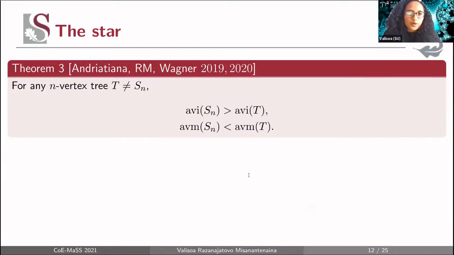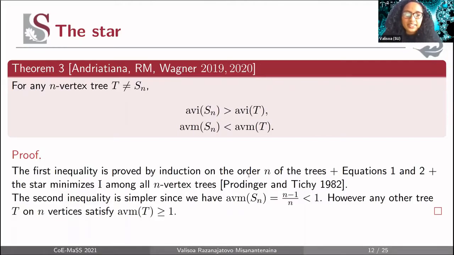And for any n-vertex tree T different from the star, we have that the average size of independent sets of Sn is greater than the average size of independent sets of T, and the average size of matchings of Sn is less than the average size of matchings of T. So the first inequality is proved by induction, again on the order n of the trees, plus some of the recursions I showed you, and the fact that the star minimizes the number of independent sets among all n-vertex trees.